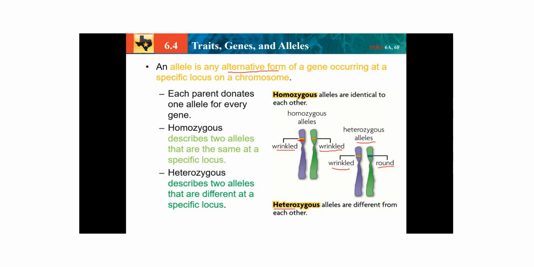And here they're homozygous alleles, maybe that's big R, or big W, whichever letter you want to use. But these are the homozygous ones, and these are heterozygous. Now, one of them is going to be dominant. I think wrinkled is the dominant trait here. So this one would be wrinkled if it's completely dominant. If it's incomplete dominant, you'll get something kind of in between the two.